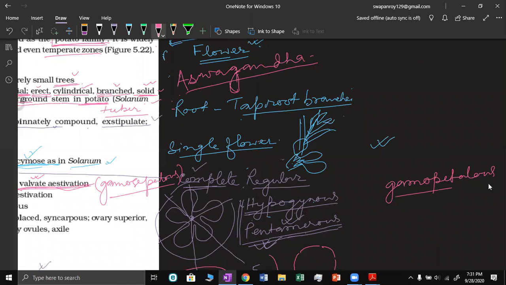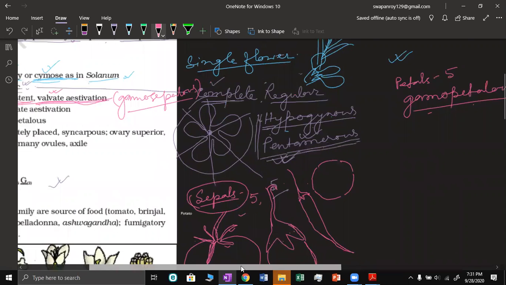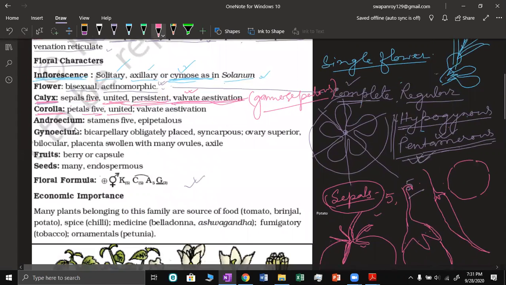So petals 5, gamopetalous. And after that we have to see that after the gamopetalous condition, it is valvate estivation. Here also estivation is valvate, but in some families there is twisted also.